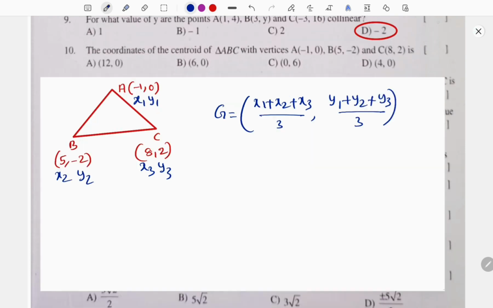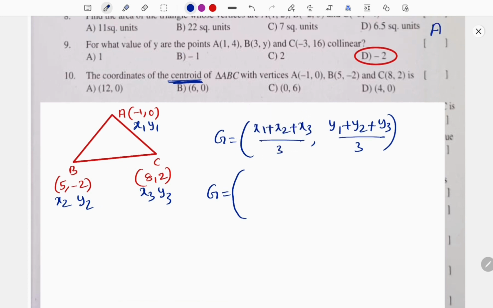Okay, Nana? Now 10th bit: the coordinates of the centroid of triangle ABC. He asked for the centroid. So here A, B, C are the vertices of a triangle. What is the centroid formula? x1 plus x2 plus x3 by 3, y1 plus y2 plus y3 by 3. So centroid is equal to x1 plus x2 plus x3 by 3.